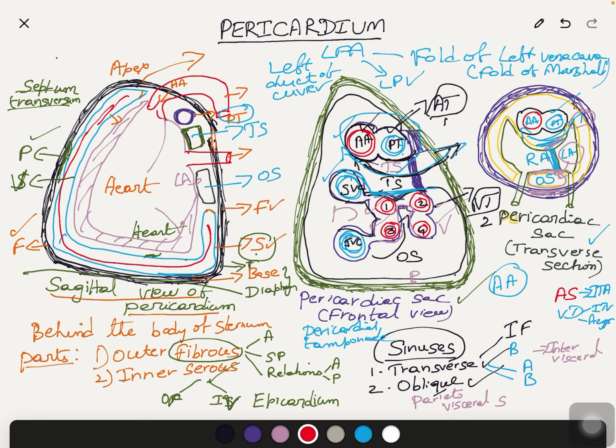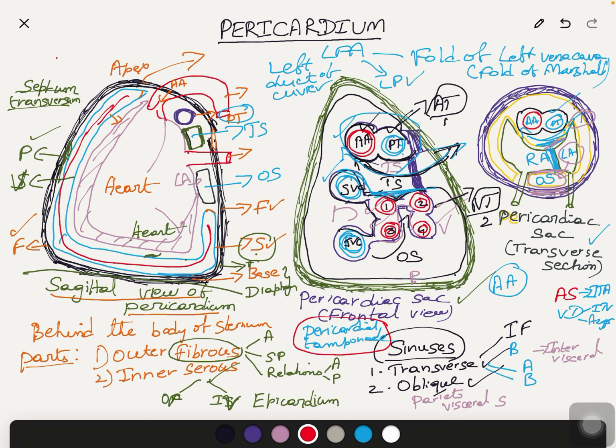It may be blood or serous. It will compress the heart and decrease the diastolic capacity, which results in diminished cardiac output. So that is the cardiac tamponade. That is a serious complication of this pericardial collection.